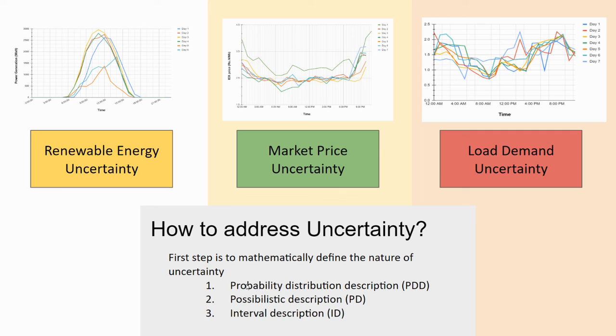This possibility distribution can help us deal with incomplete data, and get a probability distribution function for that incomplete data. And the interval description is used when not a great detail about the data is known to us, and only the upper and lower boundary is clearly known. Then we use interval description to address this uncertainty.